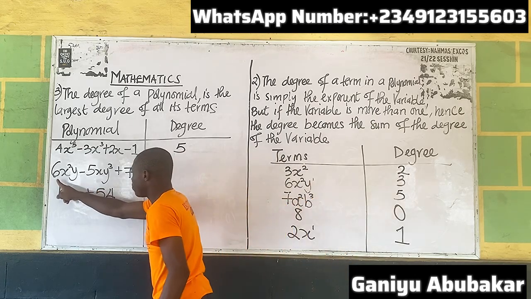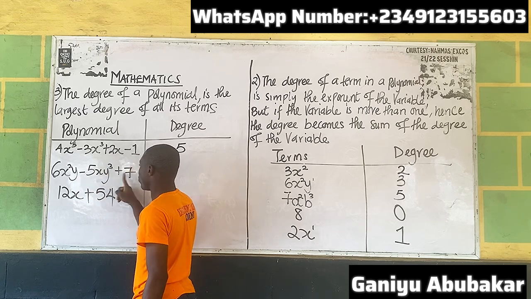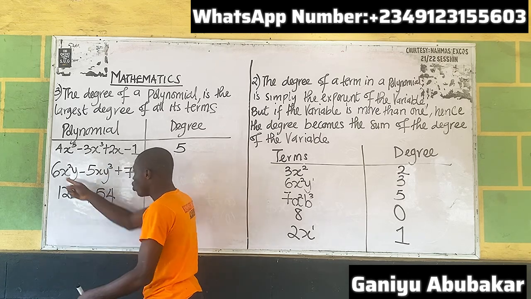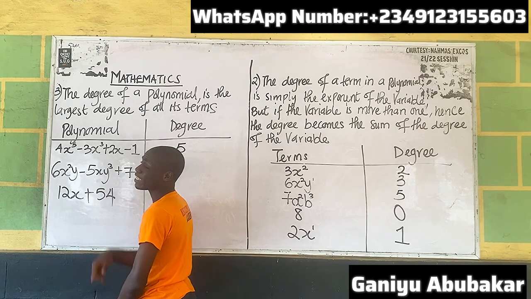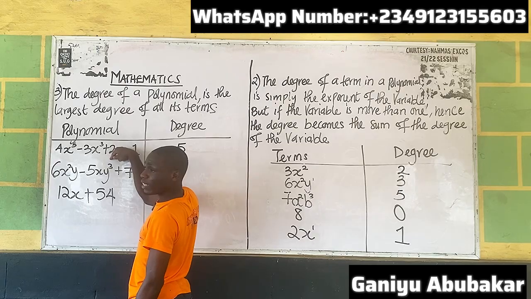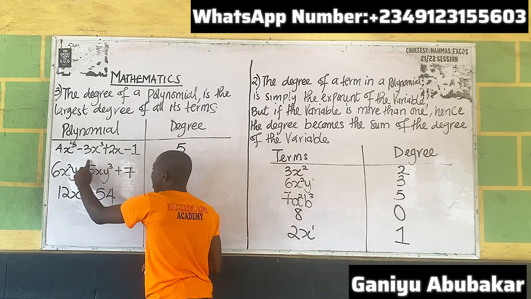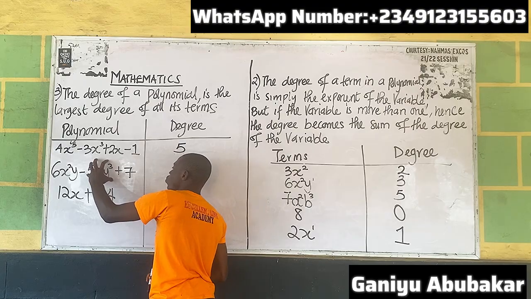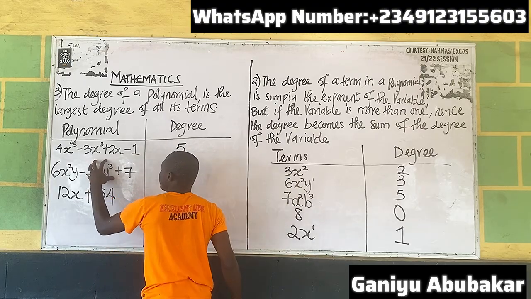For this one here, if I'm having 6x squared y minus 5xy cubed plus 7, what is the degree of this polynomial? It's simple. Check for the one that has the highest power. Here is 2, here is 3. So here is the highest power. But something like this is not a single variable term. So what's the degree of this term?